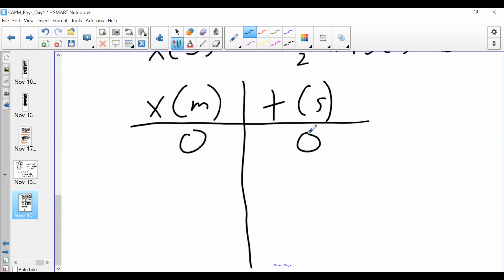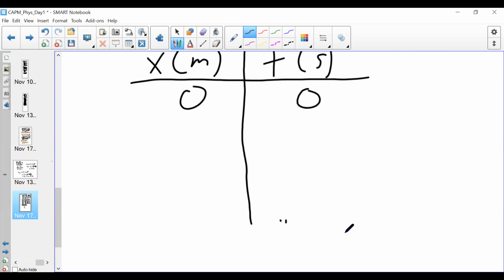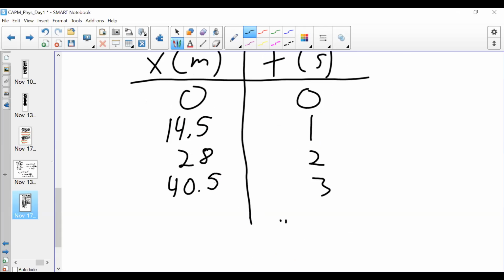So when t equals 0, position is 0. We saw that on the deceleration curve. It starts right at the 0. Our first data point, when time is equal to 1, we get 14.5. And then at 2, we get 28. At 3, 40.5.